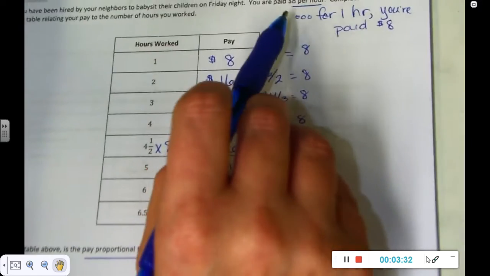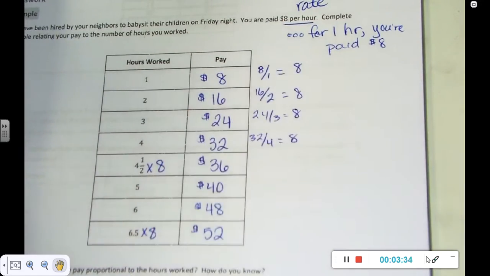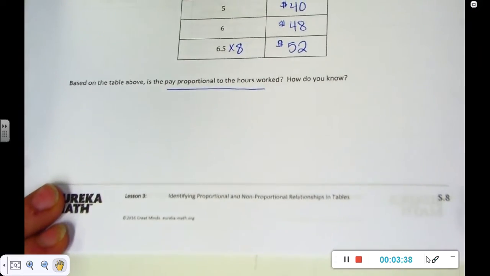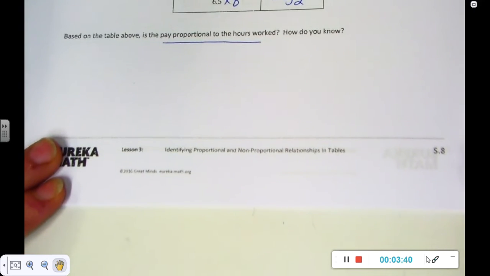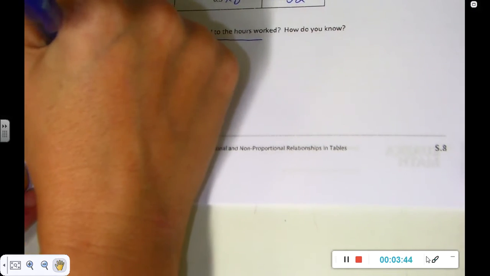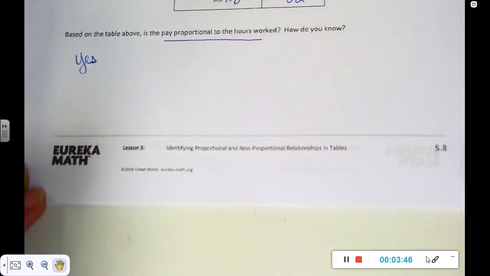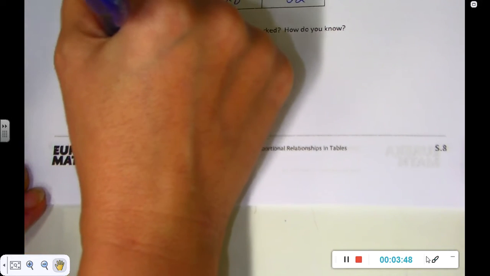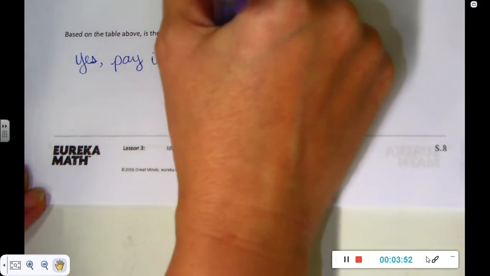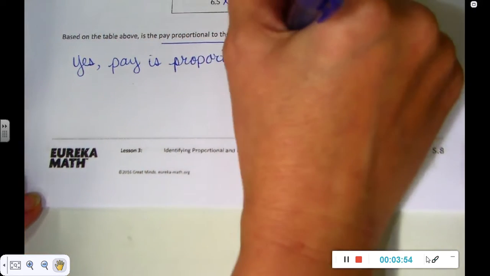In our problem, it kind of gave us that hint, but we needed to prove it with the table according to this question. So based on the table above, is it proportional? Yes, it is. So we're going to say yes, pay is proportional to the hours worked.